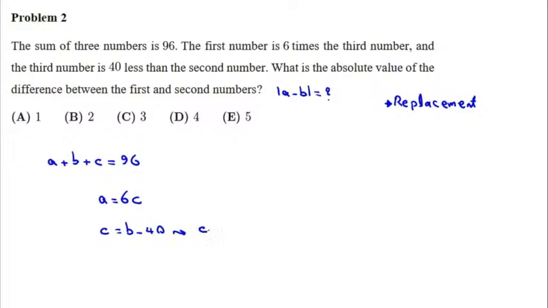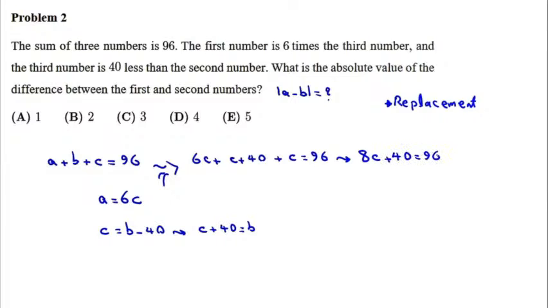From here, I can say C plus 40 is B, so I can write B in terms of C, and A in terms of C. So let's replace. Here, A is 6C, plus B is C plus 40, and plus C, equal to 96. The left side will be 6C plus C plus C, 8C plus 40 equal to 96.